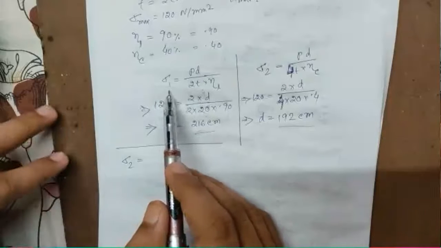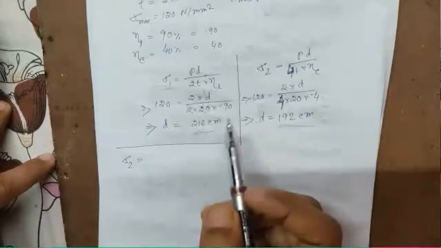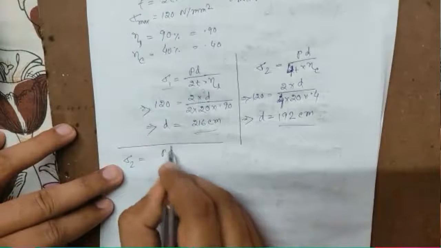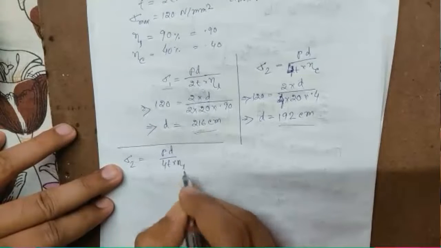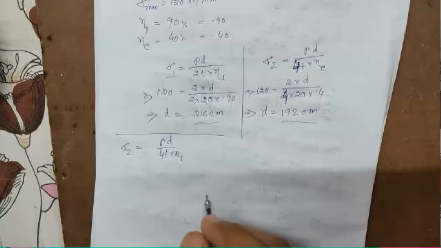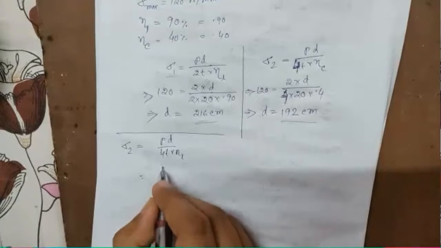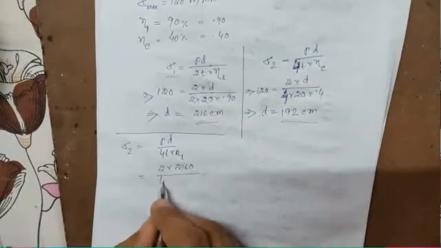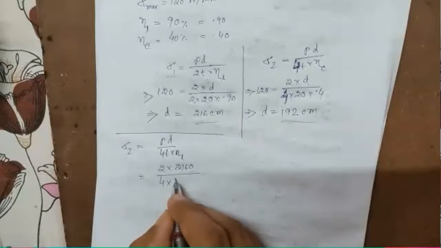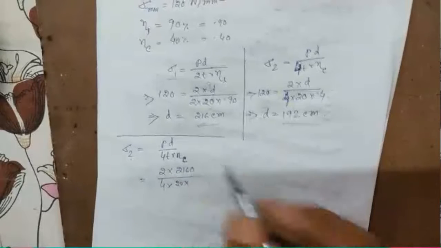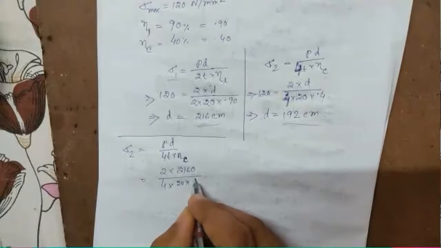If maximum stress is taken 120 in case of this one, let us find out what will be the corresponding longitudinal stress, PD by 4t into eta L. In this case, P is given 2, D is 2160, we have to convert it into millimeter. 4 into T, T is 2 centimeter means 20, and eta L, sorry, this will not be eta L, this is the case of longitudinal stress, so this will be eta C, just like this formula. So this here will be 0.4.